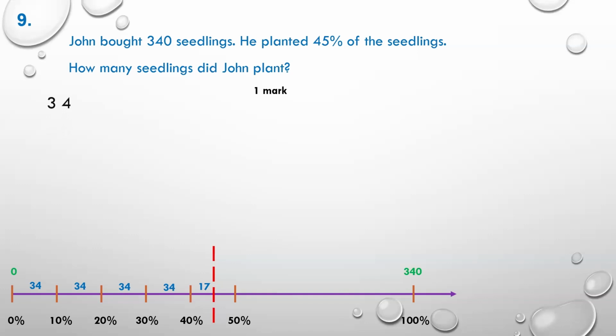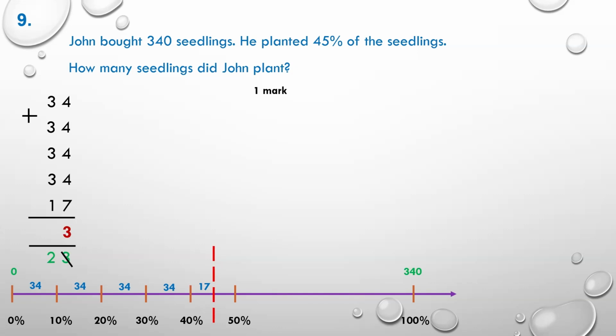So let's add them up. 34 seedlings and another 34 and another 34. How many 34s are there? 1, 2, 3, 4 34s and 17. And let's do some addition. 4 4s are 16. 16 and 7 is 23. So we write the 3 under the 1s column and carry the 2.